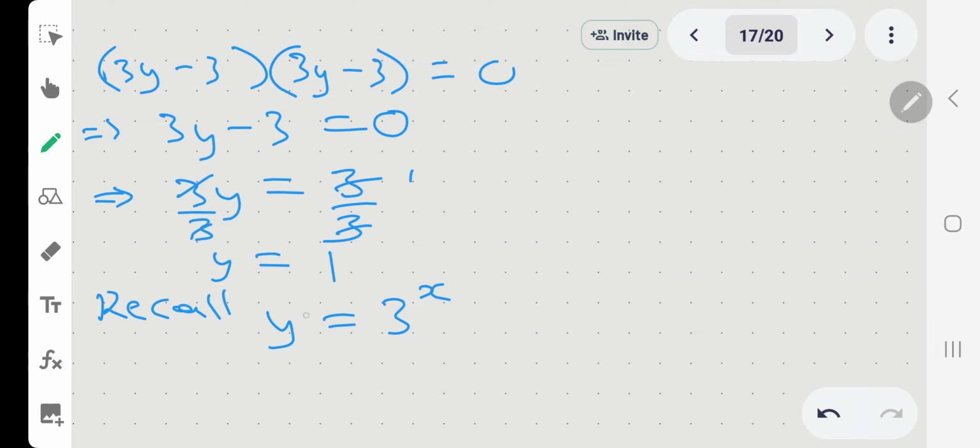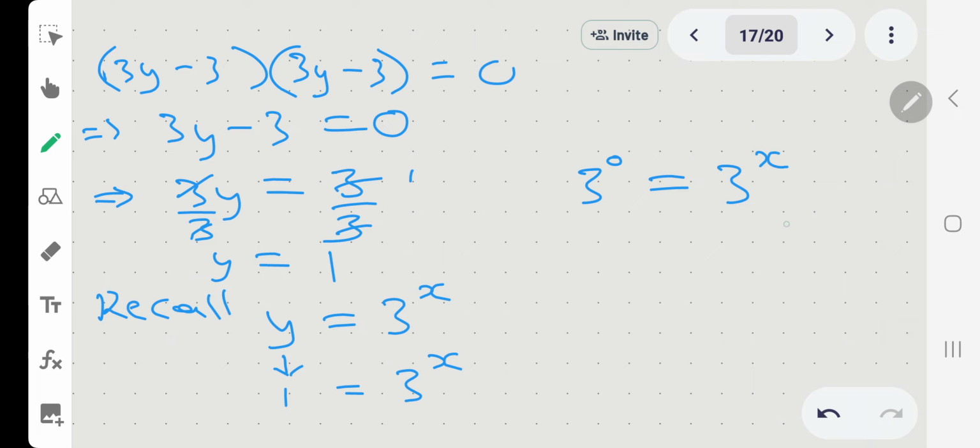Wherever we see y here, we put 1 there. So here, this is going to be 1 is equal to 3 raised to the power x. This 1 can also be written as 3 raised to the power 0. So this implies that 3 raised to the power 0 is equal to 3 raised to the power x.